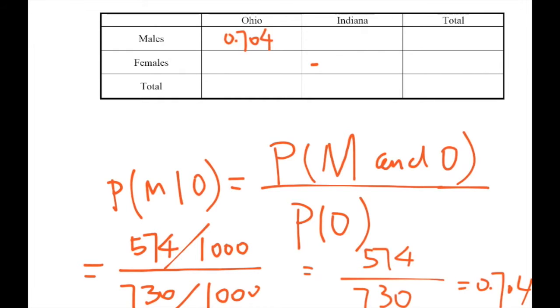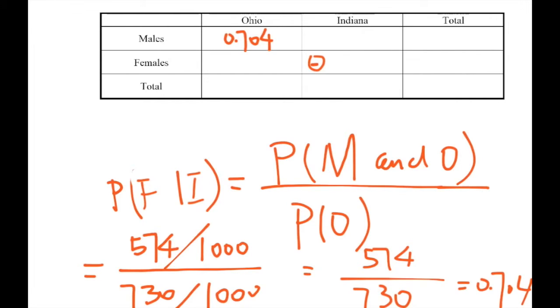And then, for example, we want to find this box here. It is the probability of a person that is a female given that she is from Indiana.